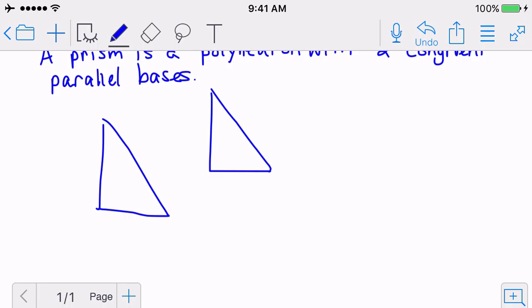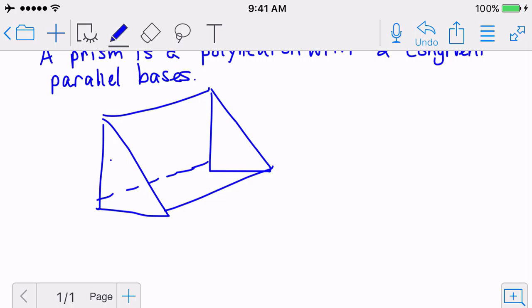If you think about what parallel means, it means they're not intersecting, they're going the same direction. So they are parallel in 3D space. And then they're connected with these other edges. Okay, and that's what forms the prism.